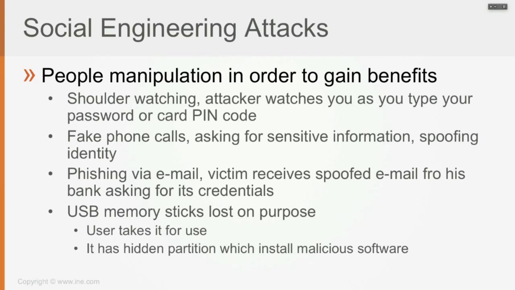So for any of the credentials being typed in, if the user is not paying attention, somebody could watch their keyboard, watch over the shoulder, and basically memorize or grab that password, and then use the same credentials as the user and gain the same system access level as that user.